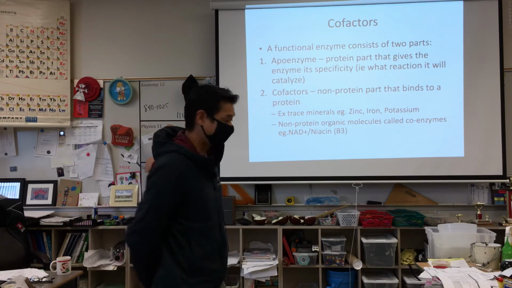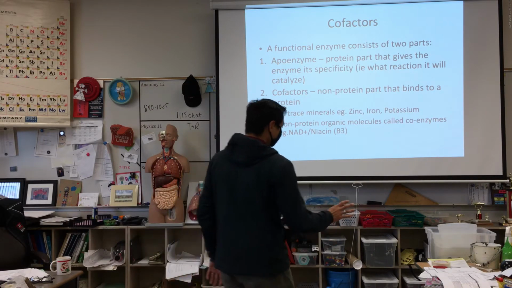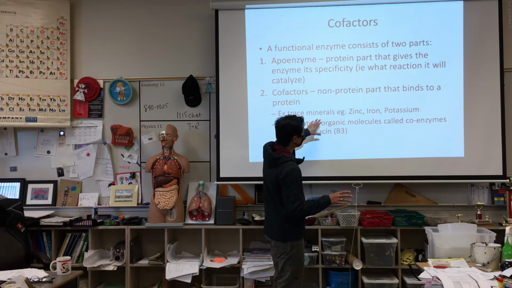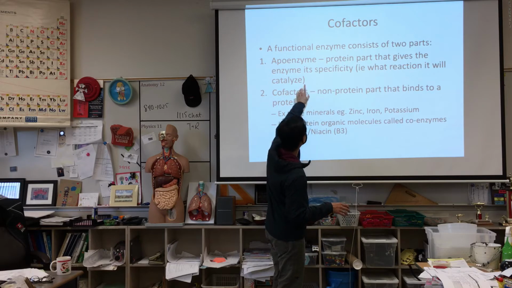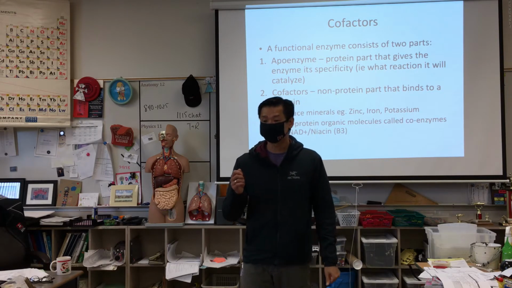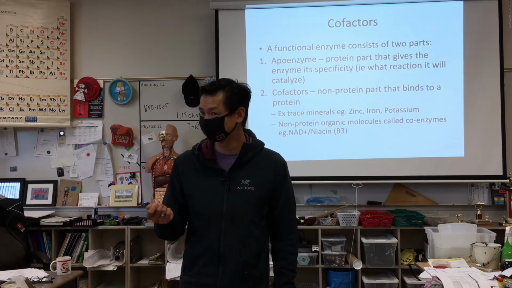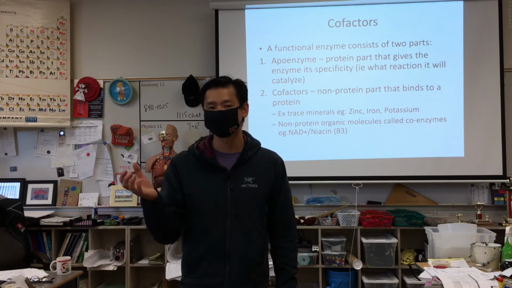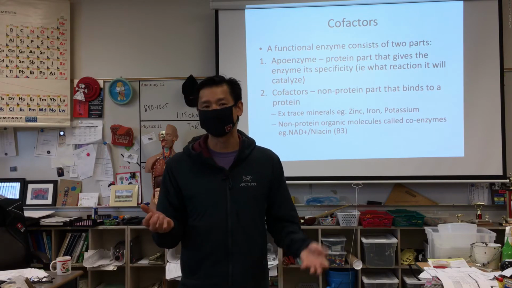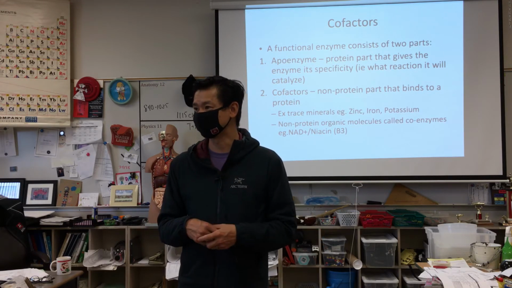Now, the enzyme part: if the enzyme needs a cofactor or a coenzyme but it's incomplete, we call it the apoenzyme. That's the protein part of the enzyme. A complete enzyme functioning and doing its job, which requires a cofactor or coenzyme, would include those coenzymes and cofactors.